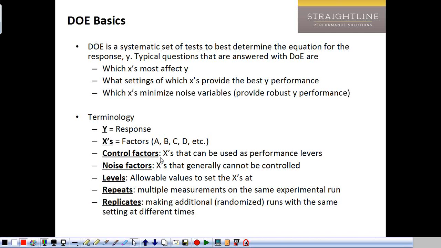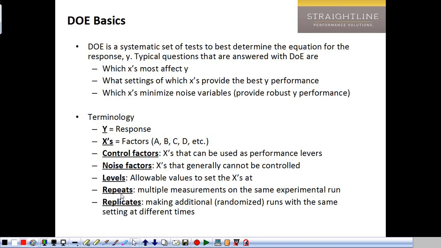We have levels for each factor, which are the settings, usually a high and a low. And then we also have something we didn't talk about, repeats and replicates. Repeats are where we run the same experimental setting multiple times. Replicates are where we run additional randomized runs with the same setting at different times, maybe sent to a different area or whatever.